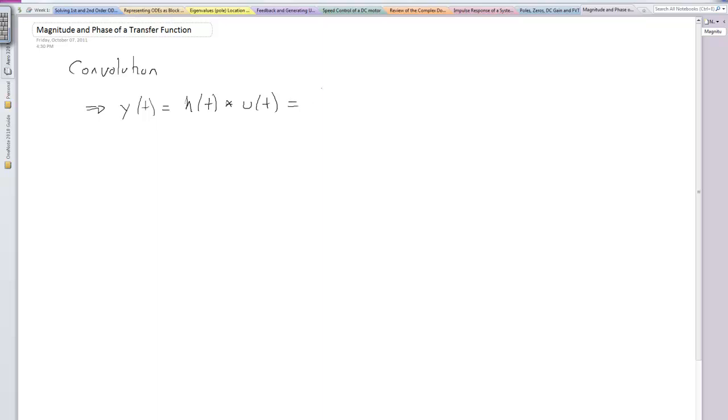And this is simply the integral from minus infinity to infinity of h of tau times u of t minus tau, integrated over tau. And we saw from one of the theorems that this is equal to the Laplace transform of h times the Laplace of u.